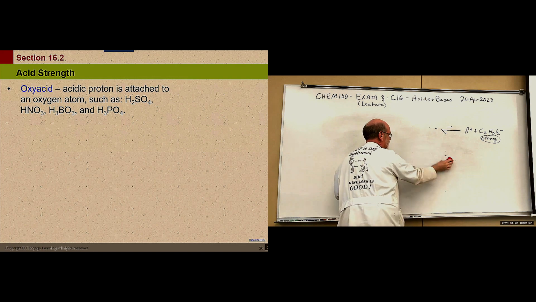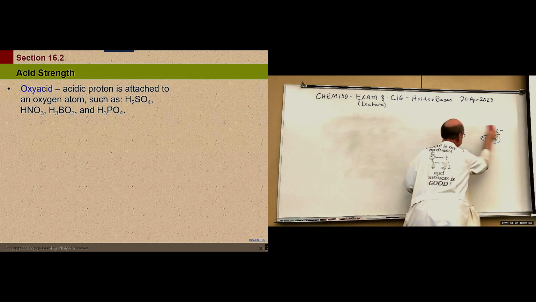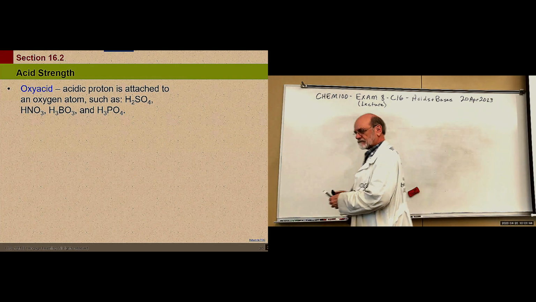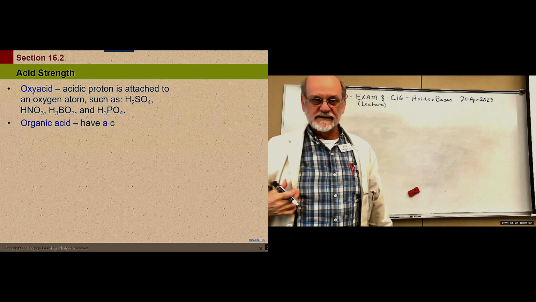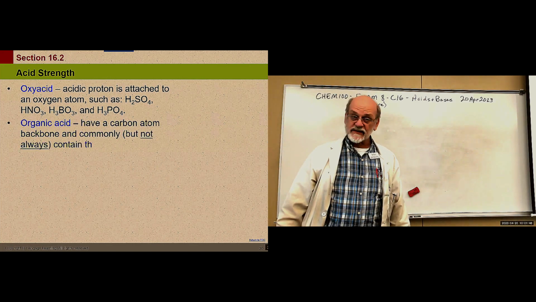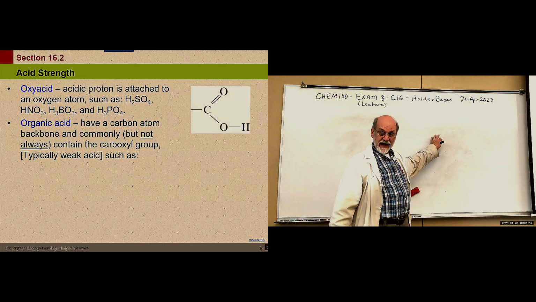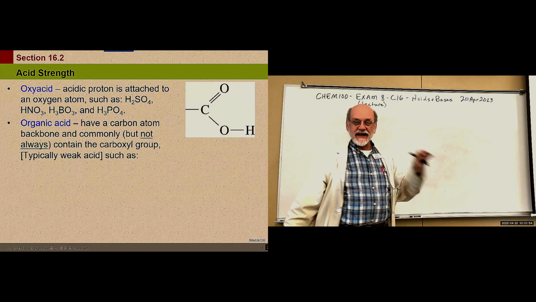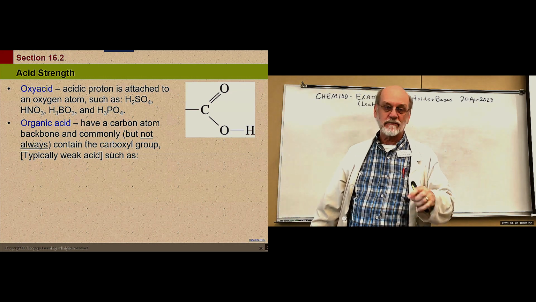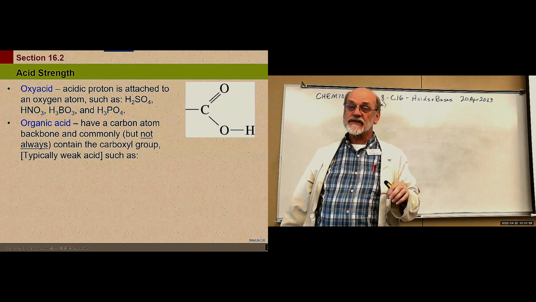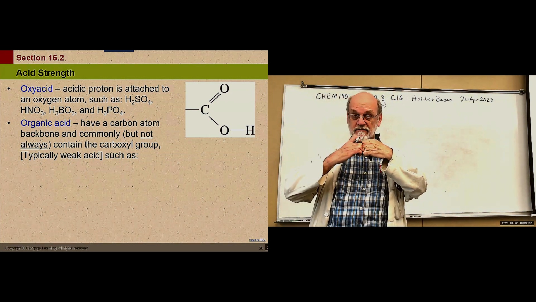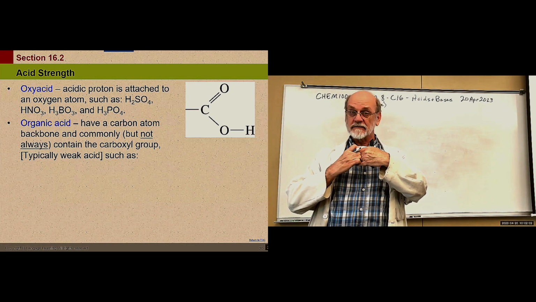What other types of acids do we have? Well, organic acids, and acetic acid is an organic acid. An organic acid has a carbon atom backbone. In our case, it was 2 carbons hooked together with the acetate ion.